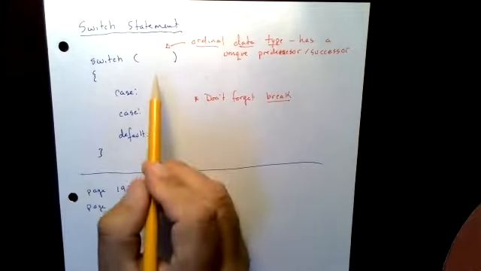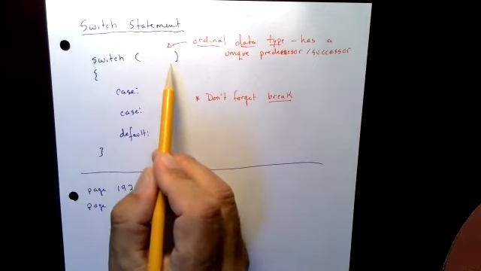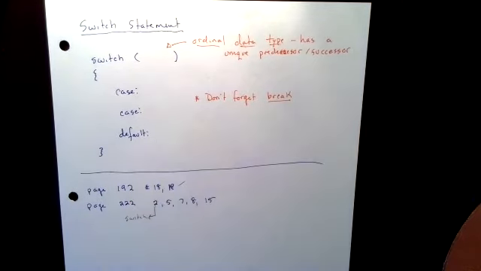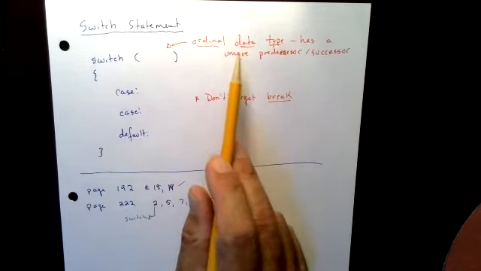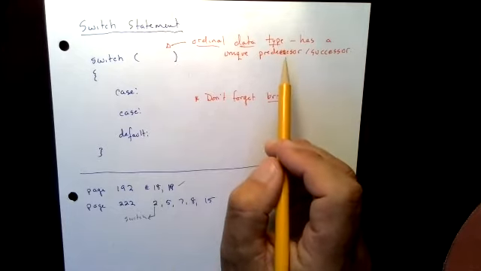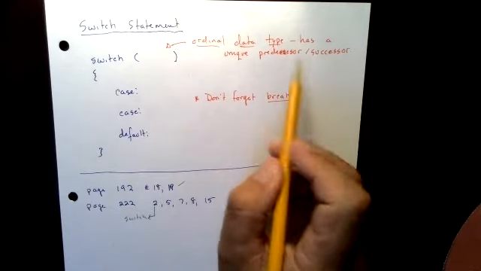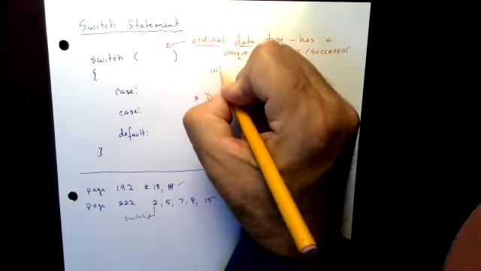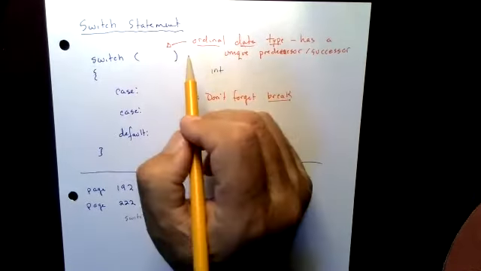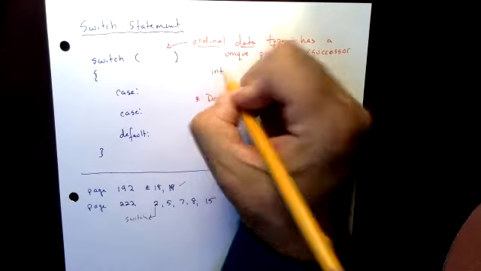Some terminology: inside the switch statement I had a data type, and it had to be an ordinal data type. That means it has a unique predecessor and a successor, so something comes before it. Int is ordinal, because if I said 23, what comes before 23?